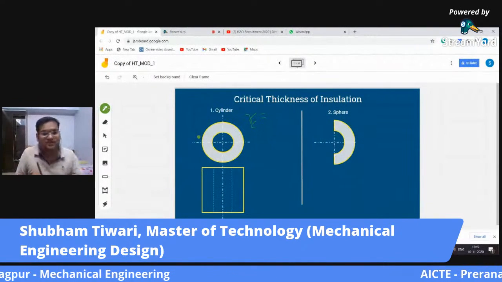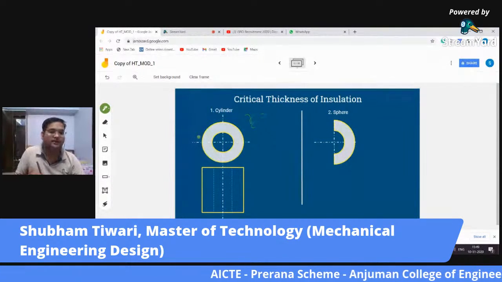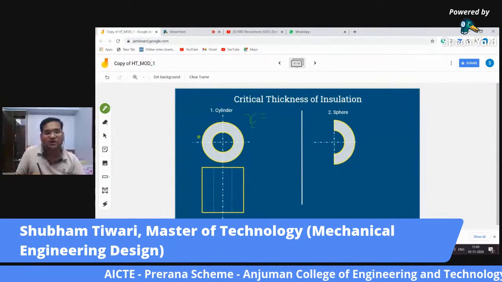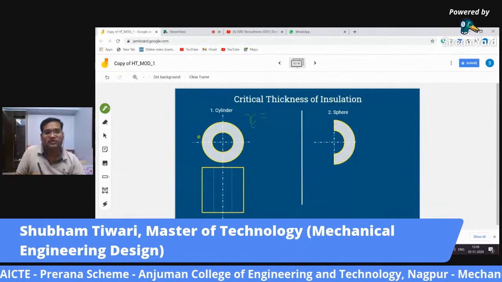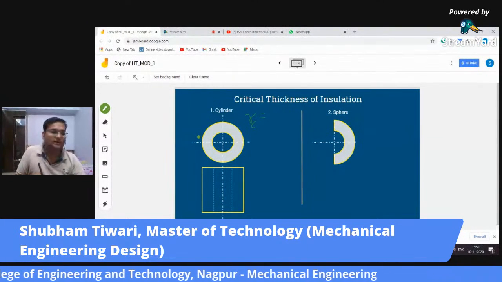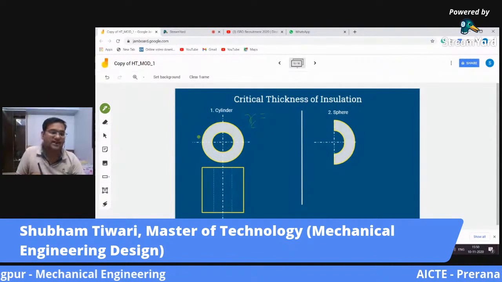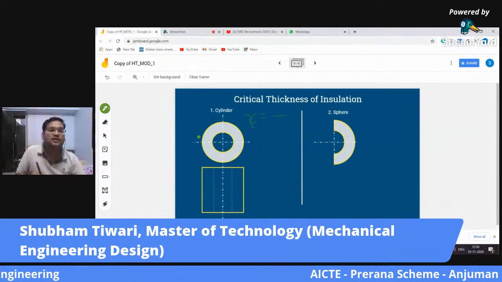Questions may not directly be put the value and get the answer kind of questions. The questions are like, you have to derive some quantities and some formulas based on the parameters. So going through derivations is an important aspect of GATE preparation.